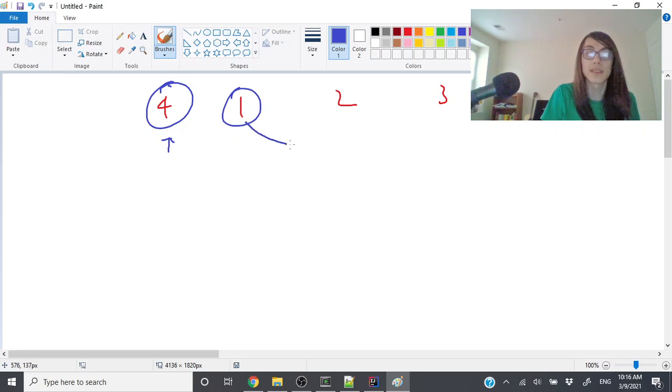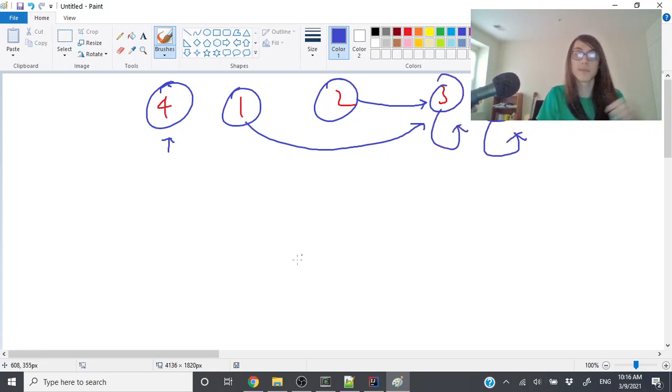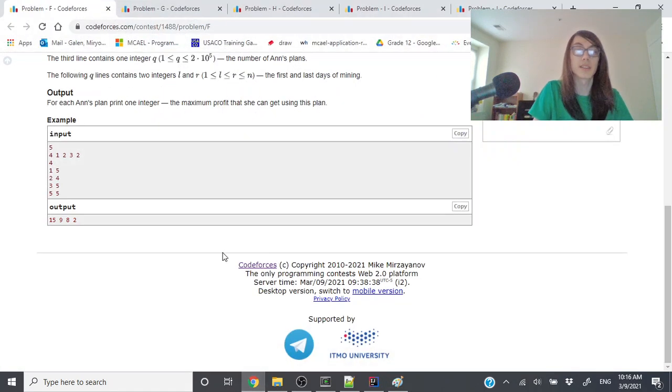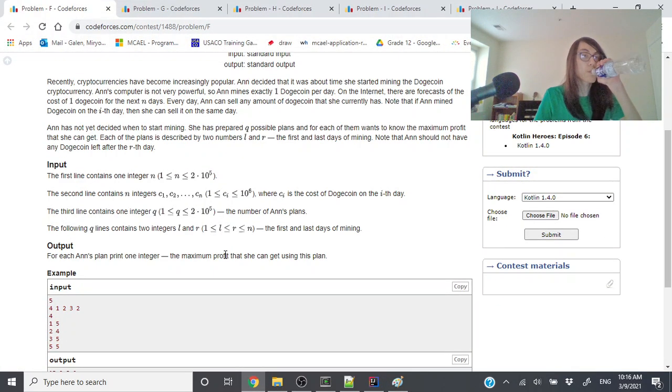We'll want to sell this at the 3. We'll also want to sell this at the 3 and this one at itself, and then we'll sell this one at itself. So we're looking for the largest position to the right of anything, or to the left of anything. So in some cases that's not possible.